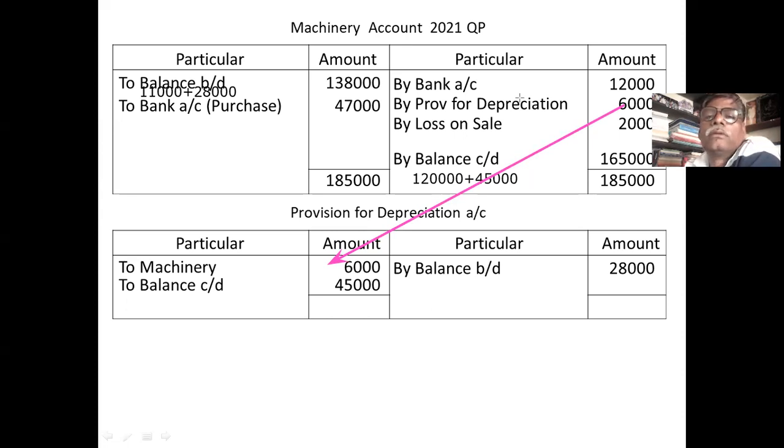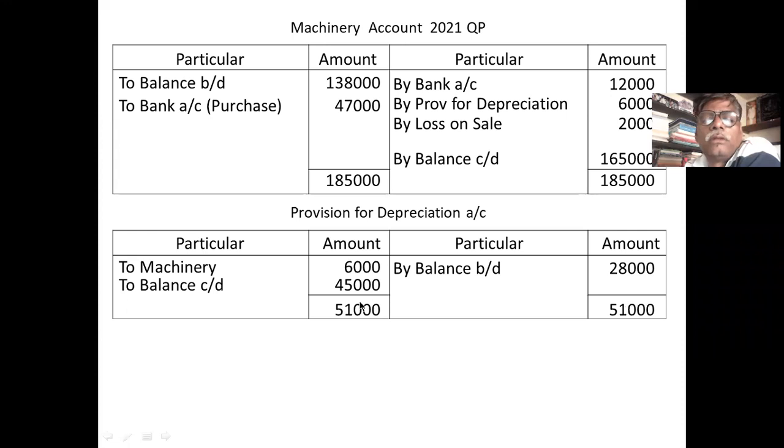Okay. Now you close the machinery account. Take the total. The difference is 23,000. This 23,000 is called by P&L account. Okay, so remember here, by P&L account is the provision for depreciation. This is the provision for depreciation.